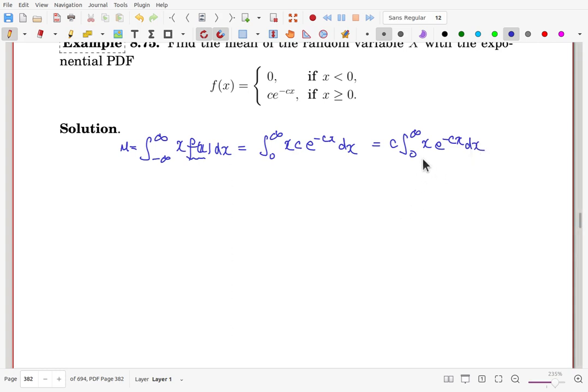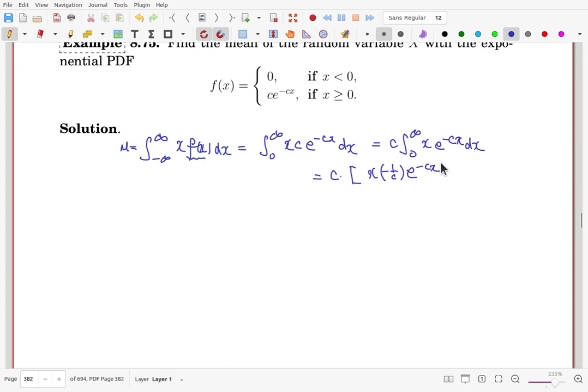And here, for integration by parts, if we consider x as u and e to the minus cx as v prime, then u is x and v is minus 1 over c, minus 1 over c times e to the minus cx, right?